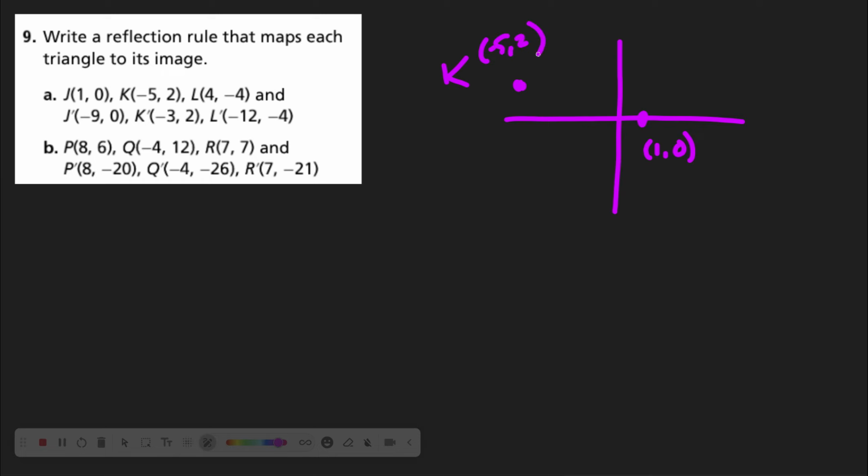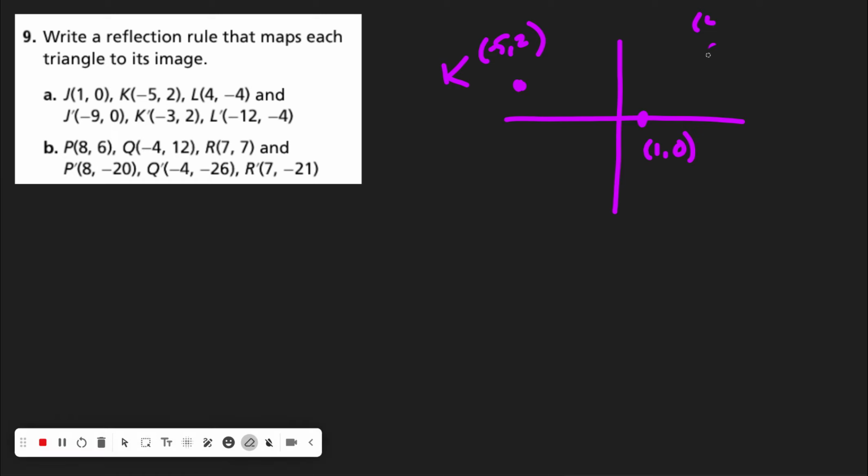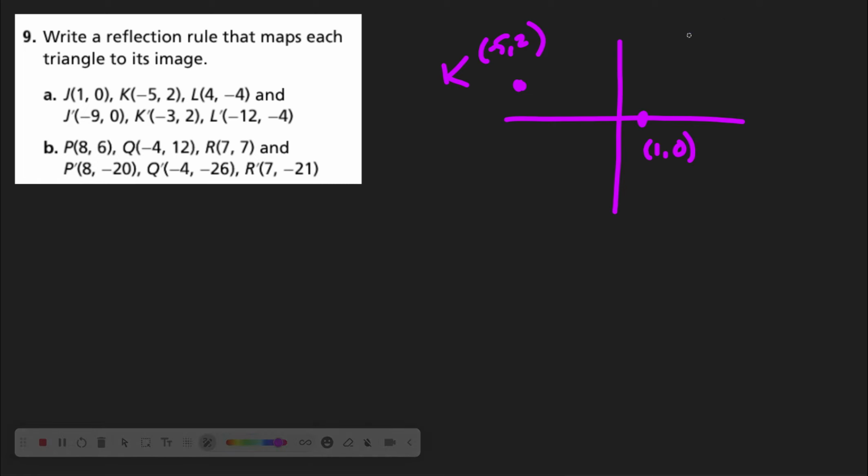And L is 4 comma 4. It's 4 comma negative. Thank you. Oh, we don't have an undo, so I have to do this. L is 4 comma negative 4. So we have like a triangle here.